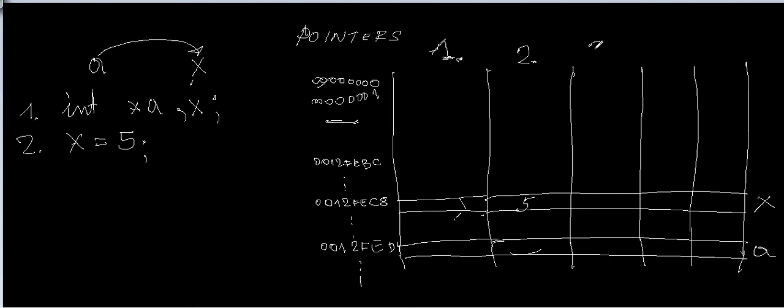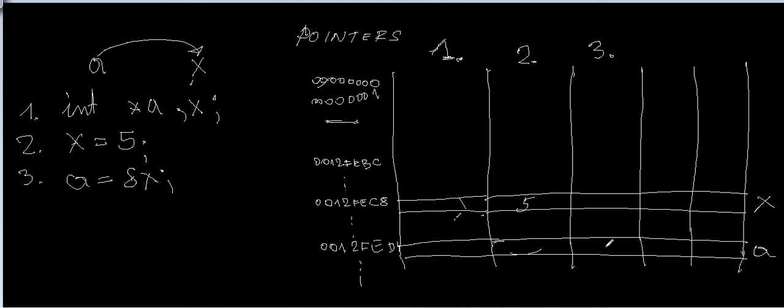So in the third line we will have the command a equal to address of x, end of statement. So in a it will be written the address of x.